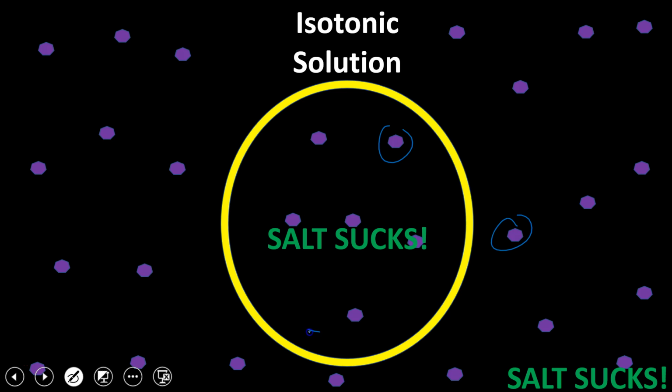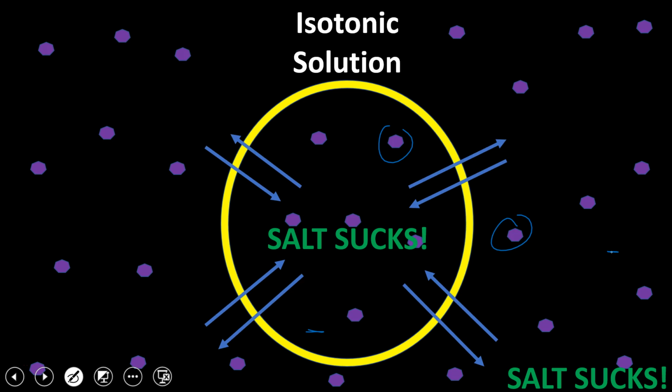This is a smaller amount of water. This is a larger amount of water. Okay, so in an isotonic solution, we're going to have water enter and leave the cell at the same time, but there's going to be no net change. It's going to equal the same amount. So to maintain homeostasis, your cells want to be in an isotonic solution.